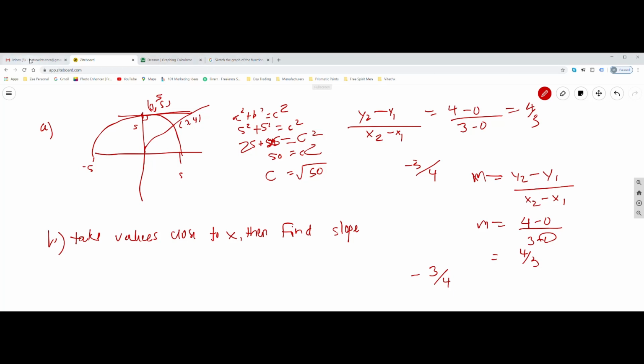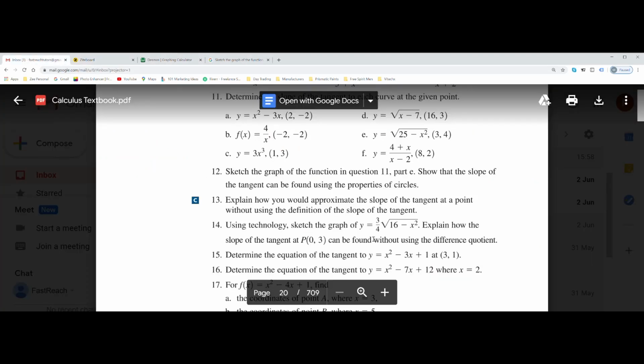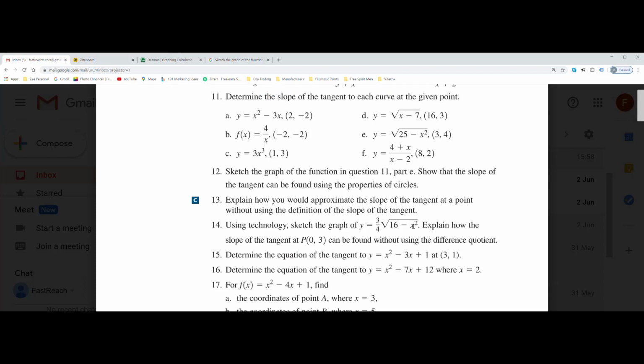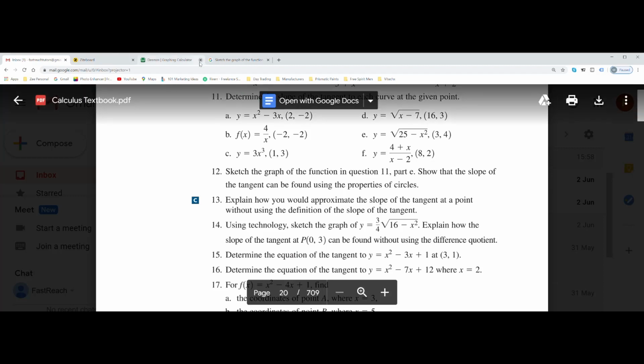Okay, so let's do the next question. Using technology, sketch the graph of this, y equals 3 over 4 square root 16 minus x squared. So let's look at that. Let's sketch that.